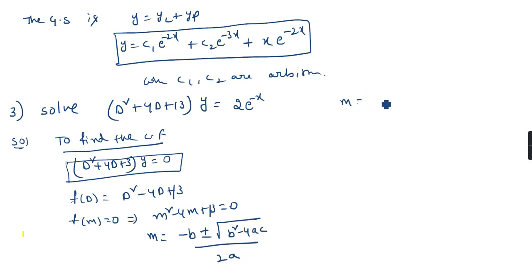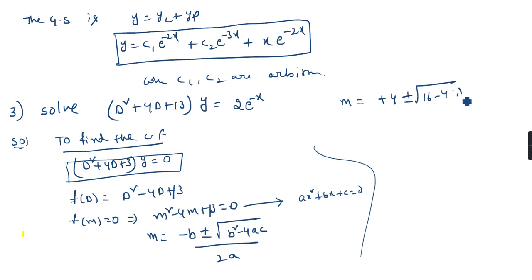So m equals minus b. What is the b value? Here this is in the form of ax square plus bx plus c equals 0, a quadratic equation. Now the b value is 4, so minus 4 plus or minus root of b square minus 4 into a into c, that is 13, by 2 into 1.